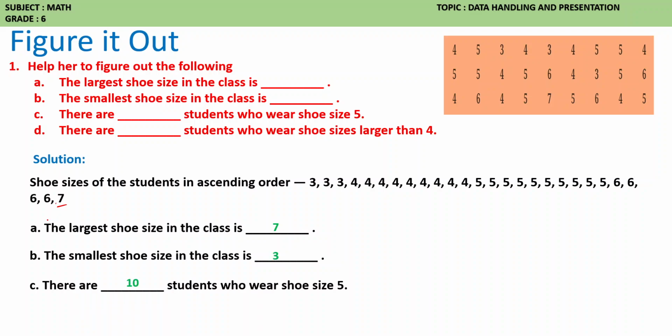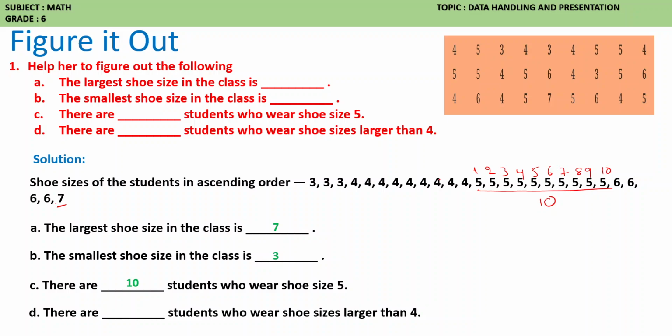There are 10 students who wear shoe size 5. Here the count of this one is 10. 1, 2, 3, 4, 5, 6, 7, 8, 9, 10. There are dash students who wear shoe size larger than 4.